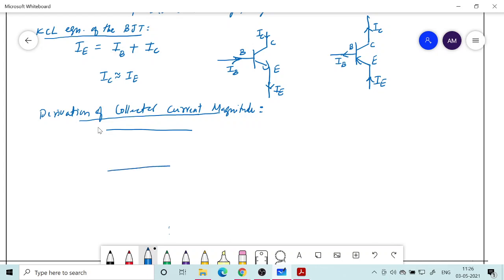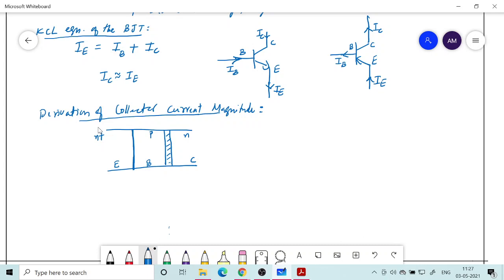For that we take the schematic diagram. Here it is our emitter, this is our base, and then we have the collector. When you reverse bias, you have a larger depletion region, and when you forward bias, you have a very negligible depletion region. We are taking an NPN transistor for the derivation.